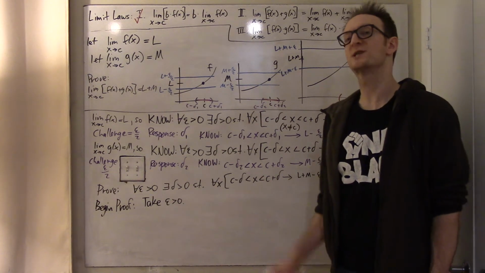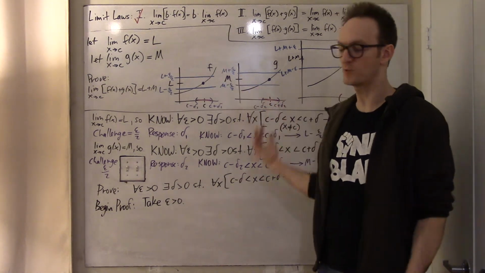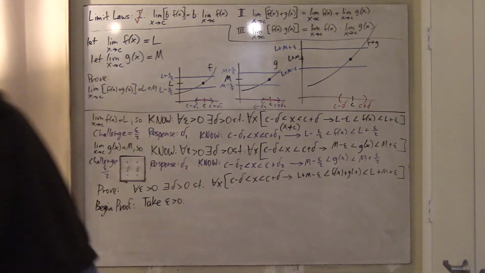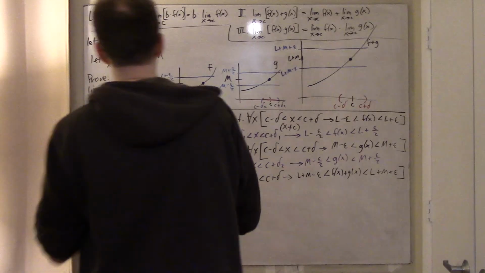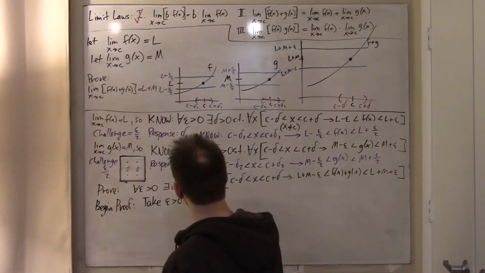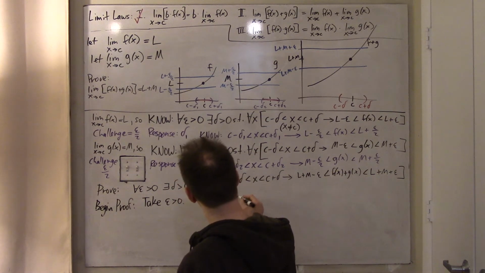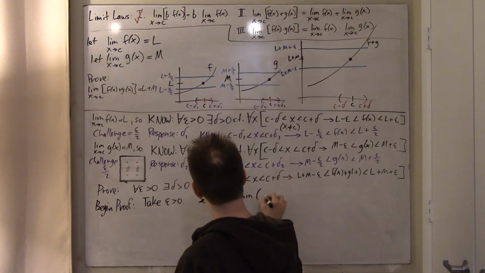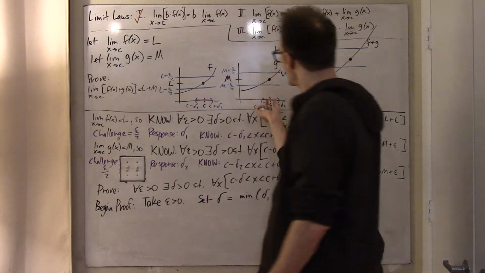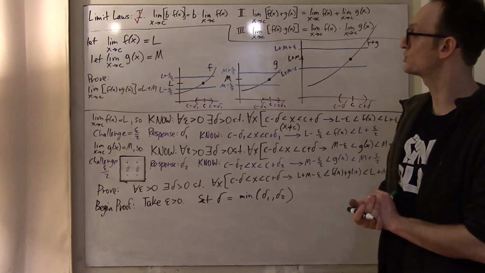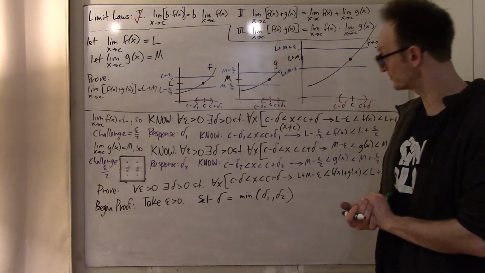And so I just choose the smaller of delta 1 and delta 2. That is my actual answer. I receive this challenge, and I turn around and say, okay, I'm going to set delta to be the minimum of delta 1 and delta 2. So just take the smaller of those two intervals.